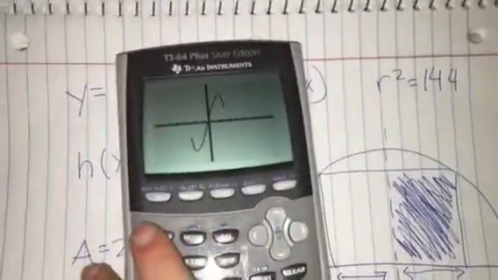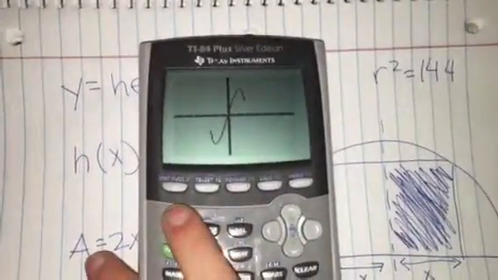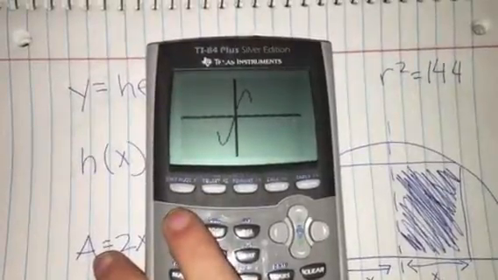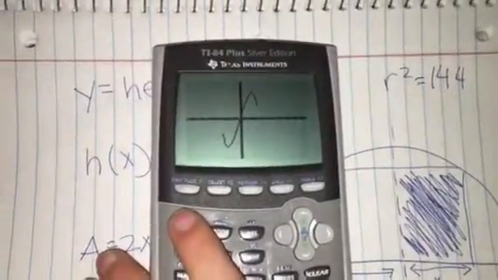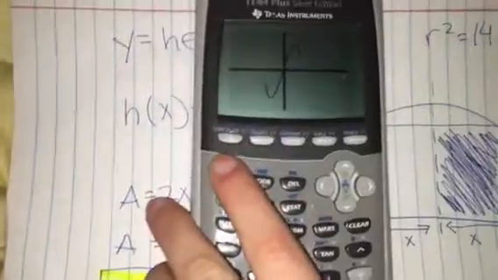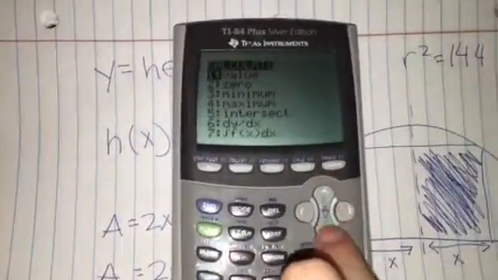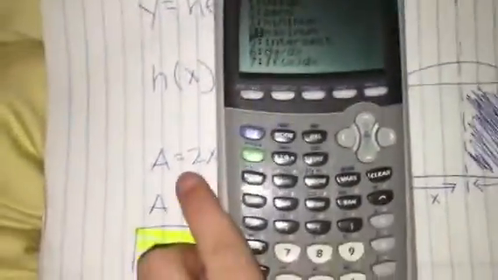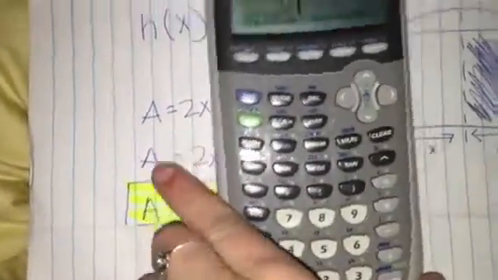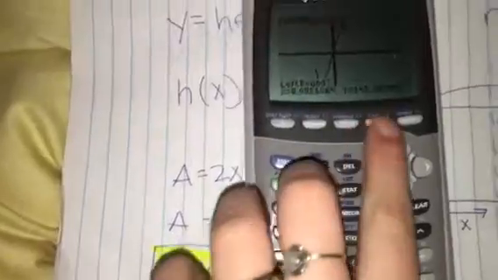And so what we're going to need to do for question 2 is find the height where the area is at its maximum. To do that, we need to do second calc and go down to number 4 and hit enter where it says maximum.